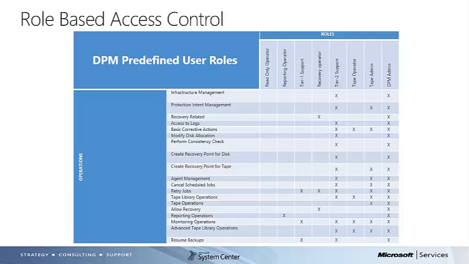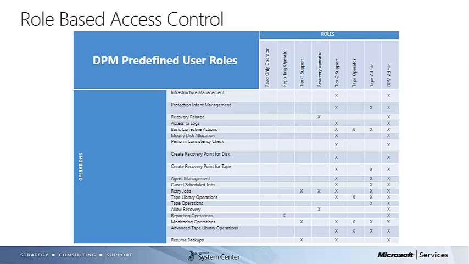The definition of these roles is right here. It's mostly self-explanatory, but your DPM admin or your tier 2 support can do just about everything. Your tape admin's only going to be able to do tape infrastructure stuff. Your tape operator is going to be able to do the same type of thing, but a little bit more limited. And you can kind of see where those permissions lie. Within Ops Manager, if you are familiar with Operations Manager, you can modify the permissions as they exist.